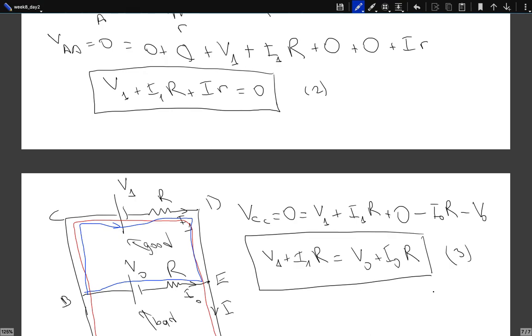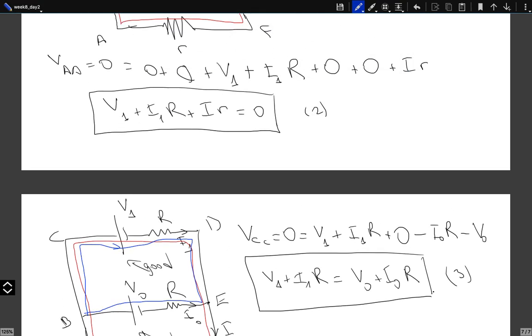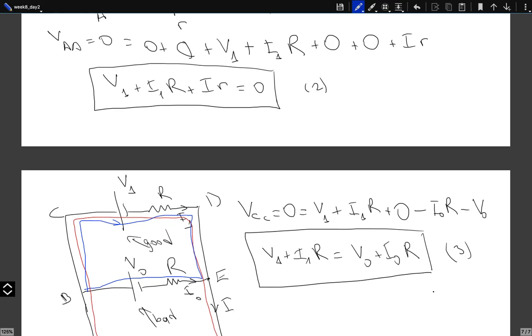So this equation makes sense. Oh, sorry, let's see. So let's just look at this again. So we go from C. This is the potential drop. This is the potential drop. Yeah, okay, this is correct. This is the potential drop. Now, okay, this makes sense.